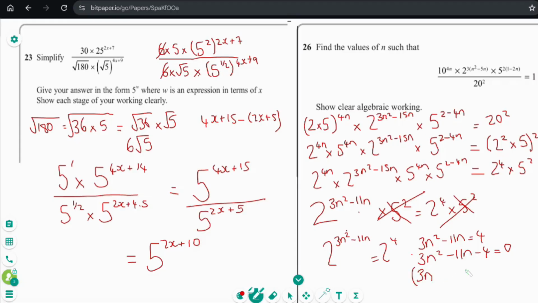I'm not going to go through that method. You should get n minus 4 for one of your brackets and 3n plus 1 for the other. We just solve over here, which gives you n equals minus a third and n equals 4. So it says find the values of n. Here are your two values for n.